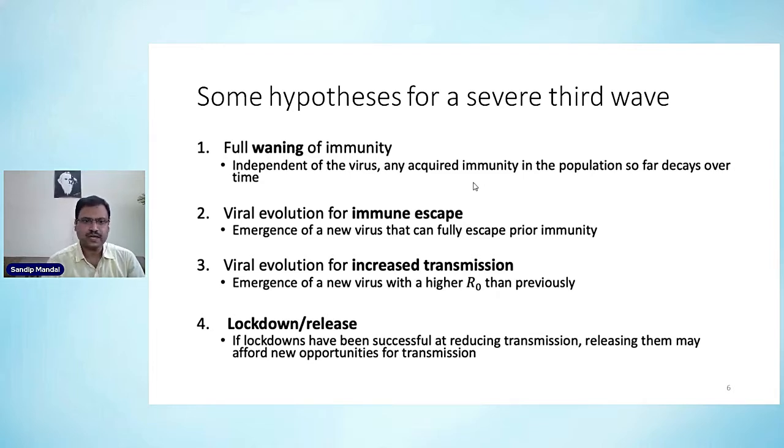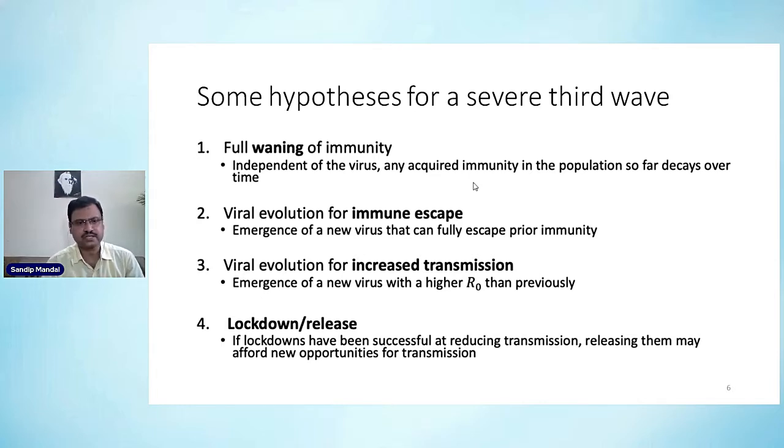The second reason might be the immune escape scenario. This is a scenario where a new variant comes. If a new variant emerges which can escape the existing immunity, then the third wave might come. The third reason is if a new variant comes for which the R0 value is much higher than in the previous wave, then the third wave might come.